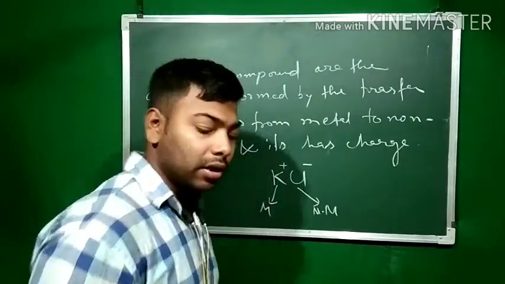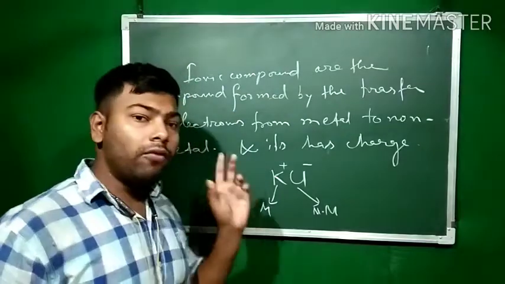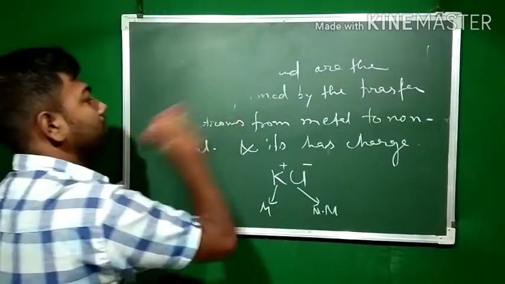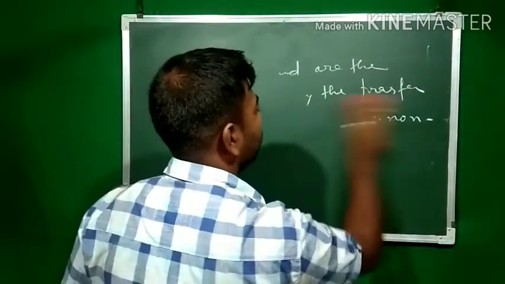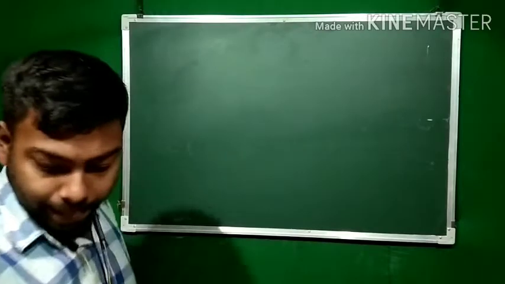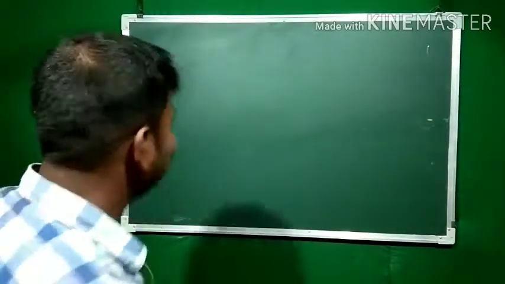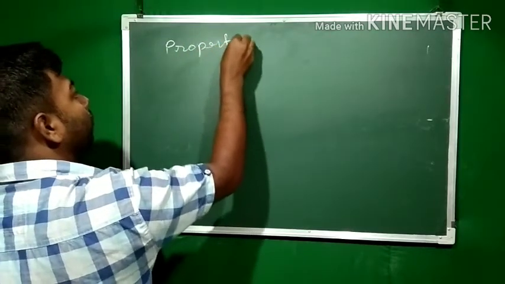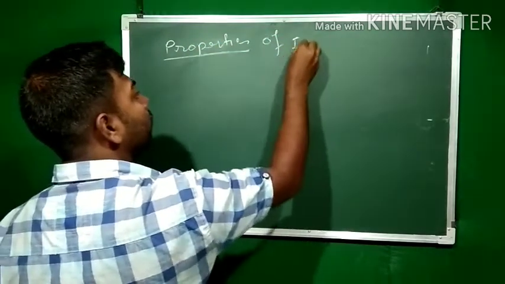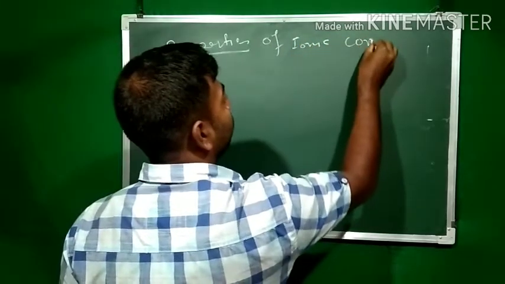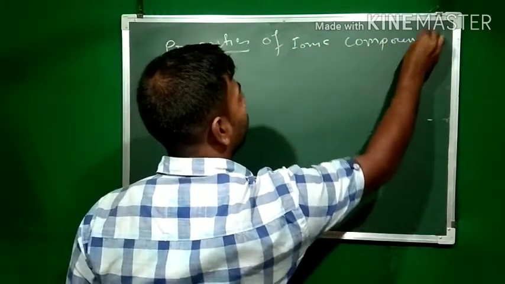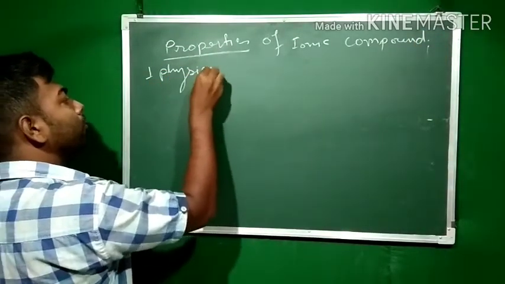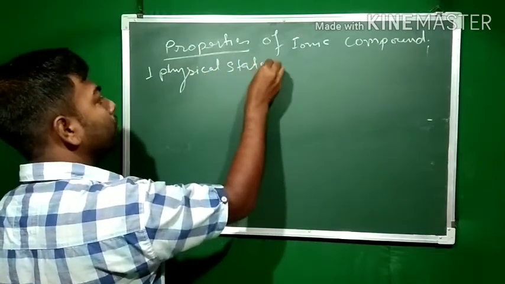Okay. Now see what are the properties of ionic compounds. First property is the physical state.